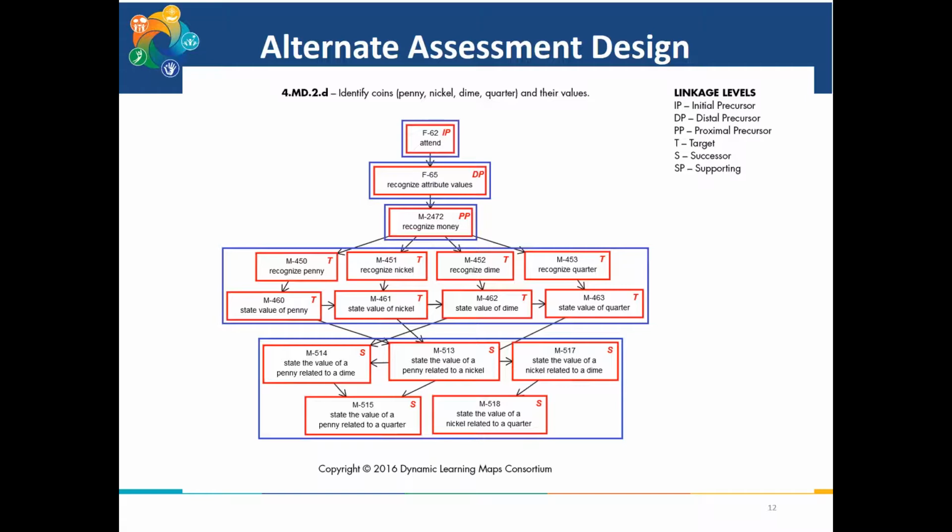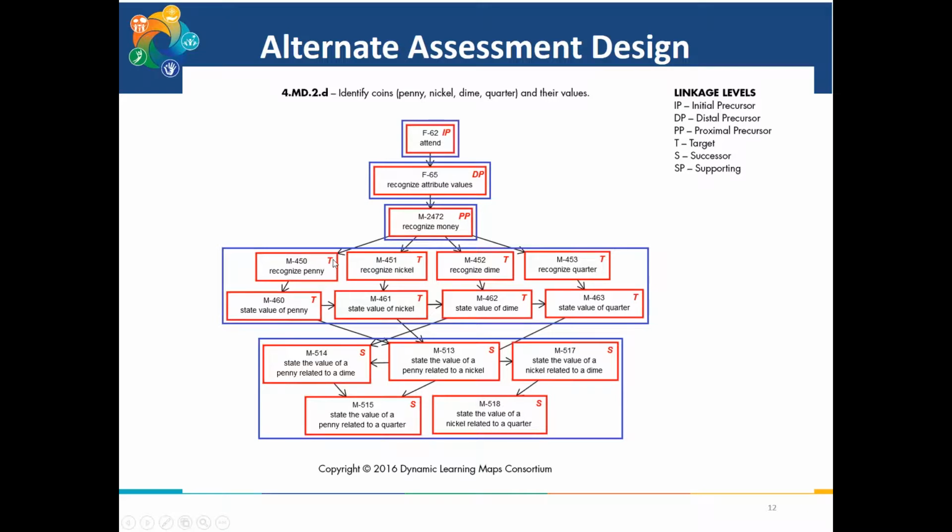So if we take a look at this, and I do mention this is repeated from the data literacy slide, but I'm going somewhere different with this one. So if the student's able to recognize a penny identified here as M-450 right here, that is a target.